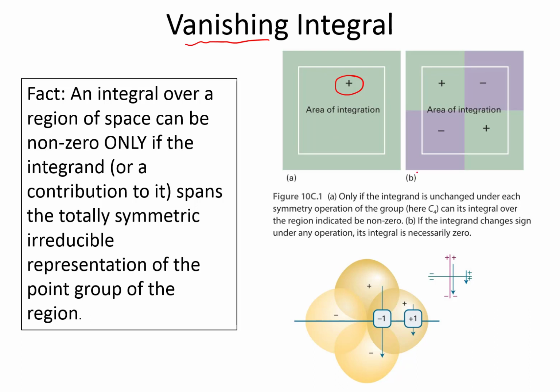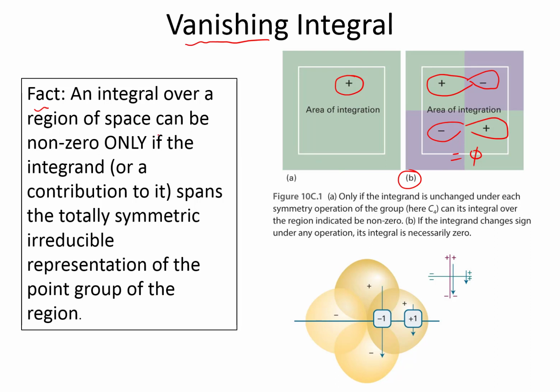And then over on the right-hand side, here's our orbitals, and we're integrating across this series of orbitals. Once we've integrated, the opposite portions of the orbitals are canceling out, and they're going to be equal to zero. And we'll get into these factoids.